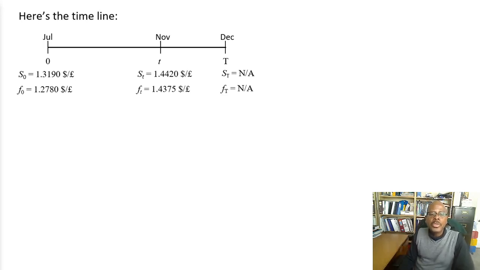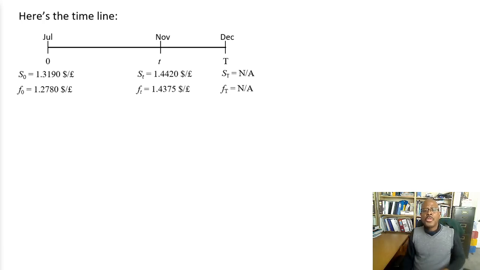In July, this is the spot price or spot exchange rate for the pound sterling, indirect quotes as usual, and this is the futures price, and this comes from the example. And in November, this is the spot price for the pound sterling, and this is the December futures price. Now in December, we really don't need these prices because our analysis ends here in November.